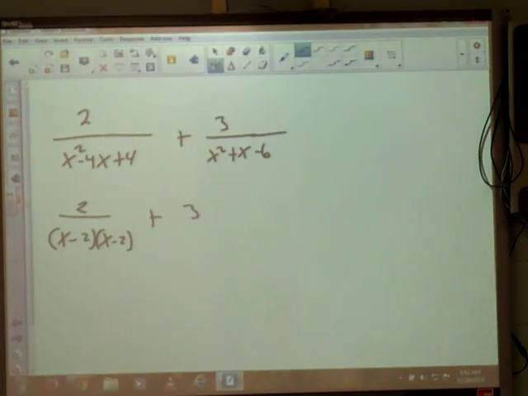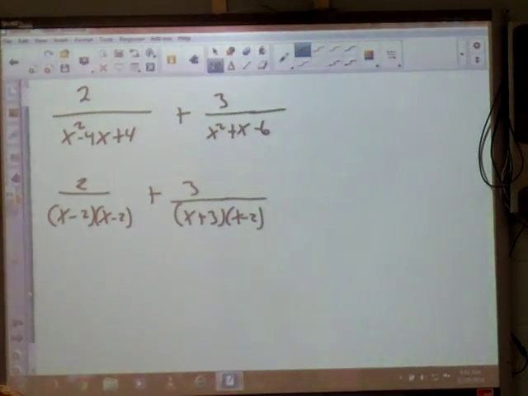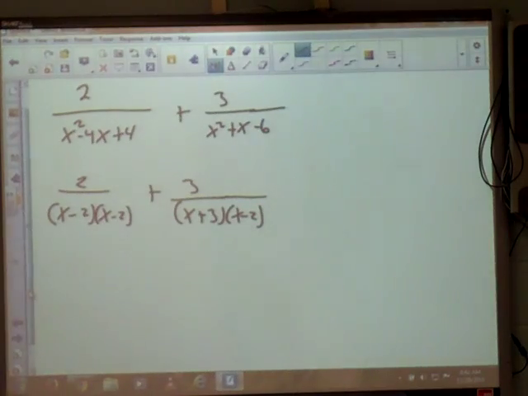Alright, I think I may have got it right. Why not just put x minus 2?